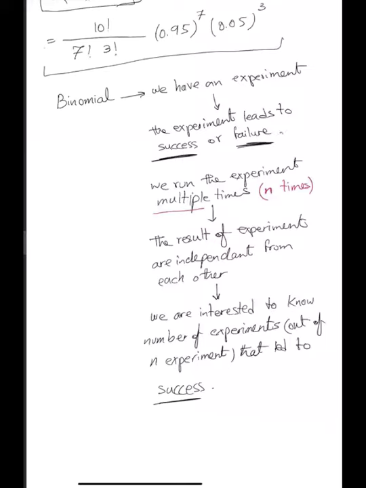We define what is success or what is failure. This is the setup of binomial random variables. If you are working on a problem with this type of setup, it's always a binomial random variable. The uniform doesn't have any specific characteristic like this.